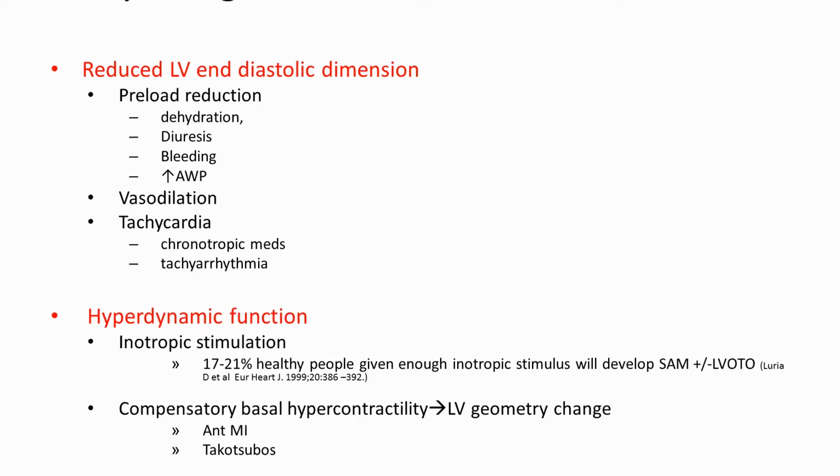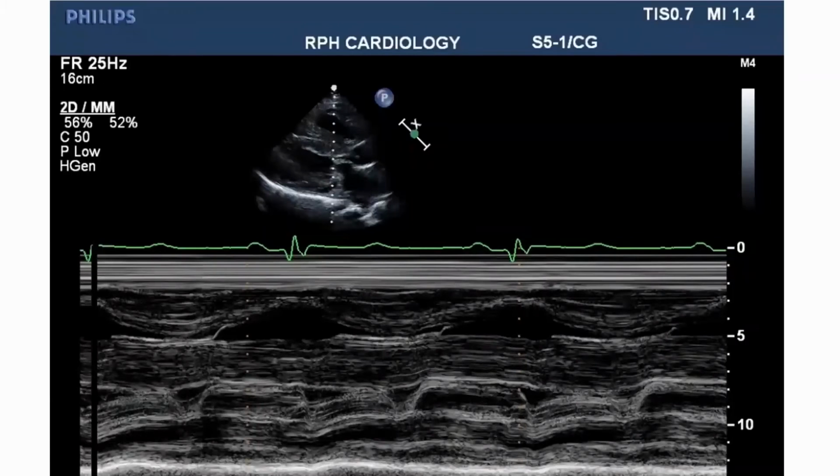That geometric change of the ventricle makes it more likely to develop SAM and outflow tract obstruction. So let's just whiz through the echo hallmarks. I'm sure you've got this down pat, and as soon as you see M modes and loops, you'll be able to pick it up really quickly. So we'll just go through that just for revision.